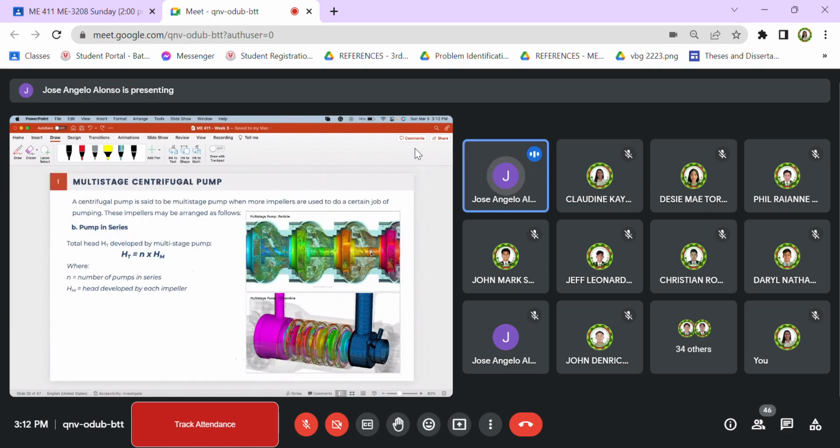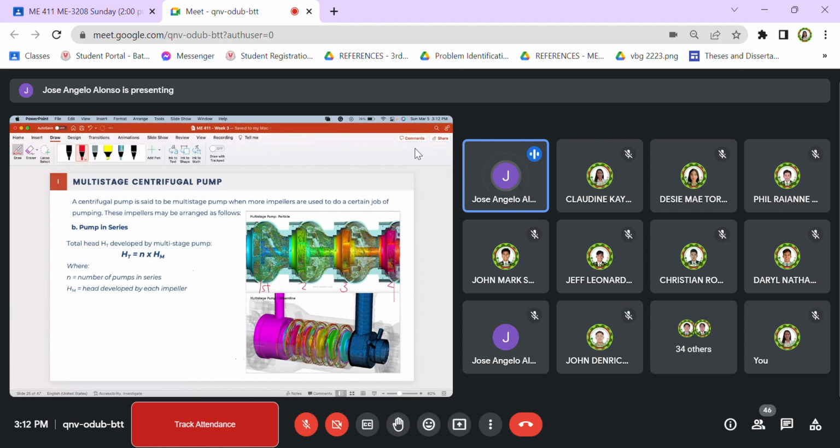So for series connection, makikita nyo on the right side ng ating slides. The pump can be considered in series kapag yung discharge ng first pump, this is first pump, then second, third, and fourth.